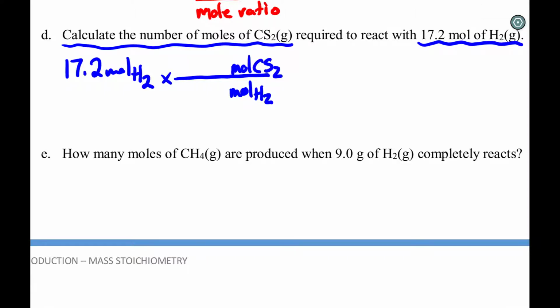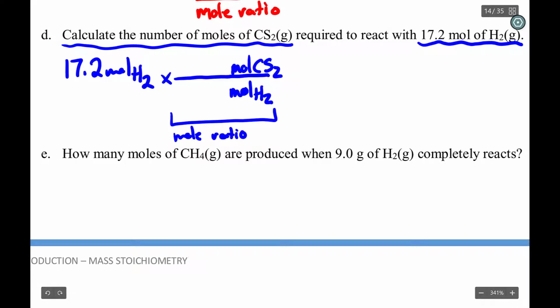This is a mole ratio. And the numbers that go in here are the coefficients on the balanced chemical reaction. So I look at CS2, it's 1. And I look at H2, it's 4. So moles of H2 will cancel. I put everything on top in one set of brackets. I hit divide. I put everything on the bottom in one set of brackets.